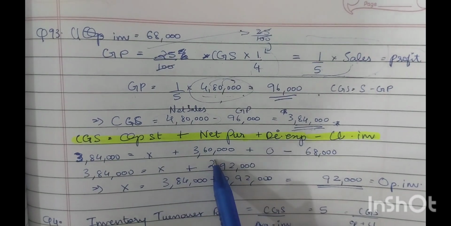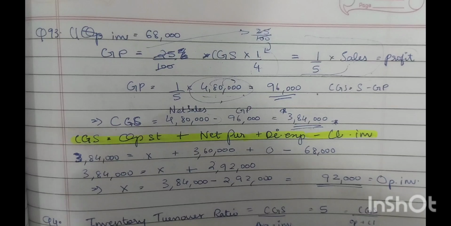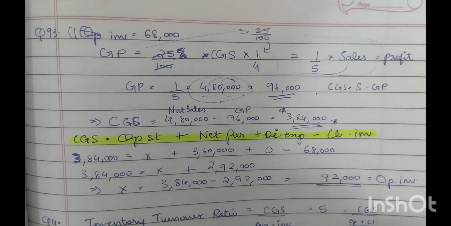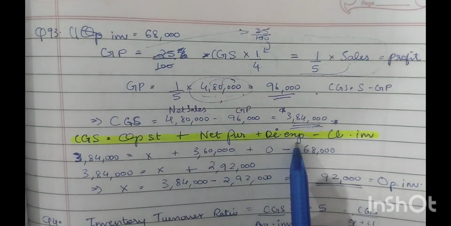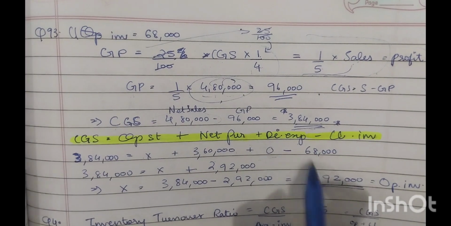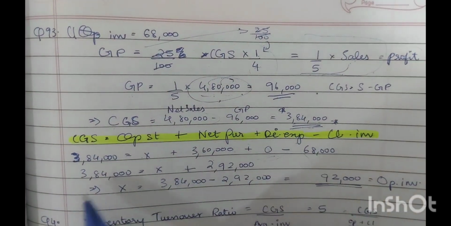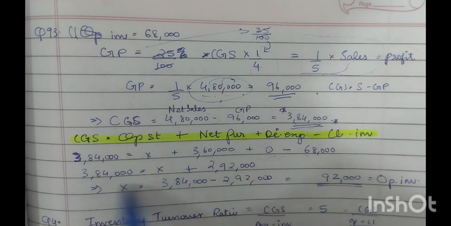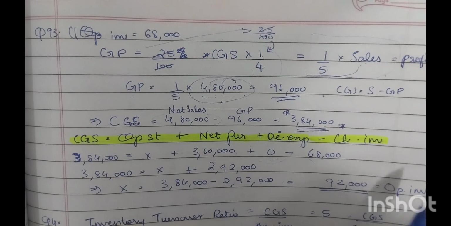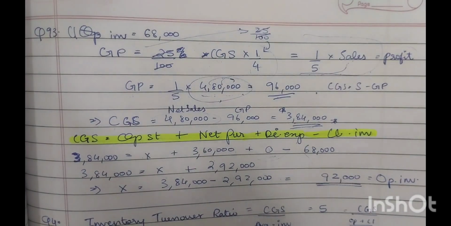Then we have net purchases, or the total purchases in this case, 3,60,000. Again, total purchases is taken to be net purchases here, because no extra information is given regarding it. Then direct expenses is 0. No direct expenses have been shown, so we take it to be 0, minus our closing inventory given as 68,000. So 3,84,000 is equal to this, and when we solve it, we get our opening inventory to be 92,000. And that's the answer for the question.